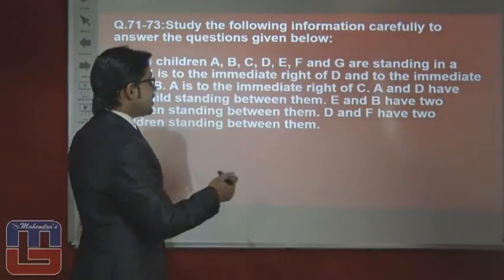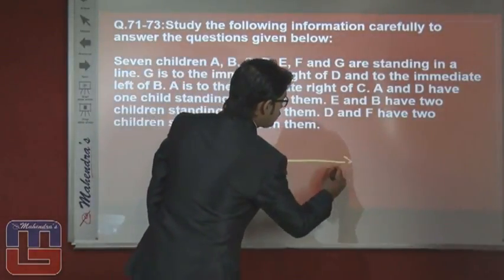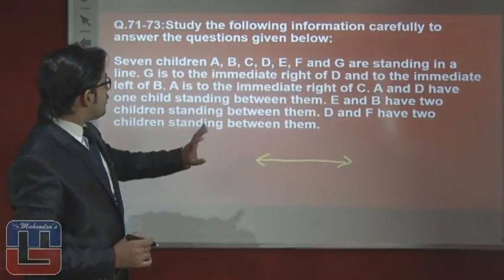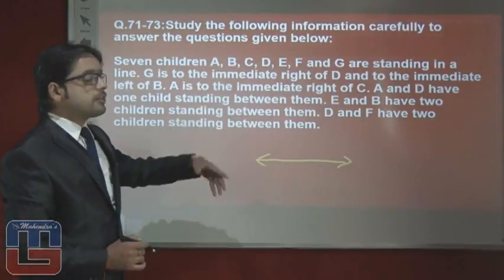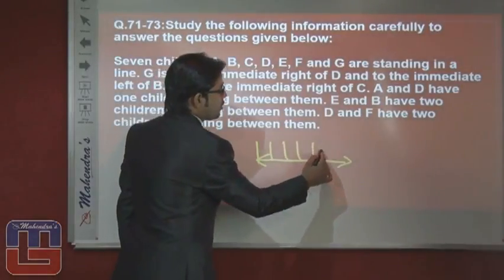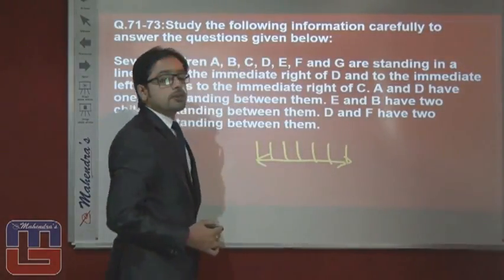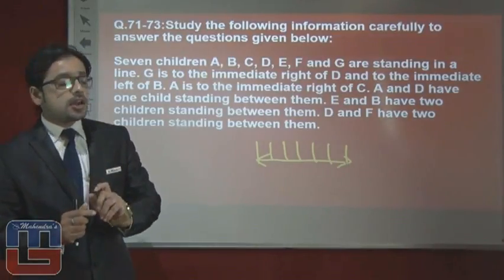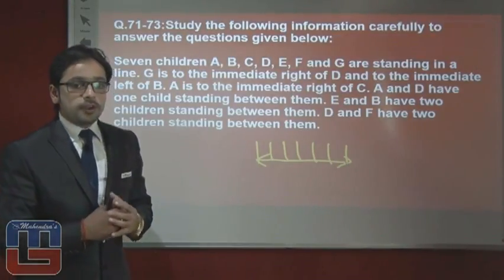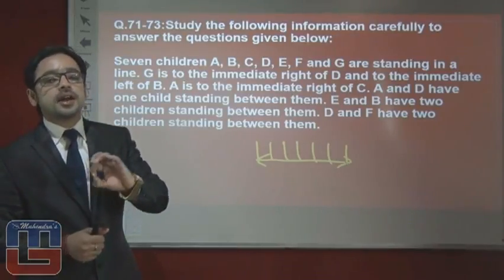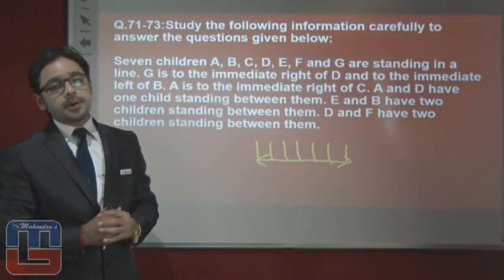So we are making this line horizontally, and we put all of them facing north. If all the 7 members are facing north, because the question hasn't decided the exact direction, you can take a common direction, that is north. That will be beneficial for you.